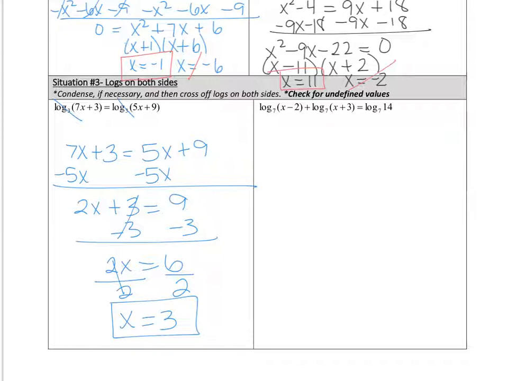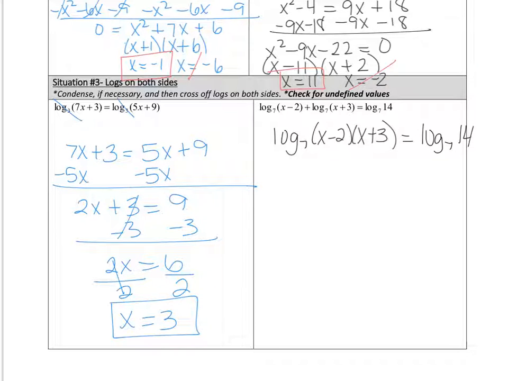Okay, now let's look at the second example. Condense if necessary and then cross off. So are these two, I can condense them for sure. It's log base 7 of x minus 2 times x plus 3, because I'm multiplying, right? Addition becomes multiplication, equals log base 7 of 14.